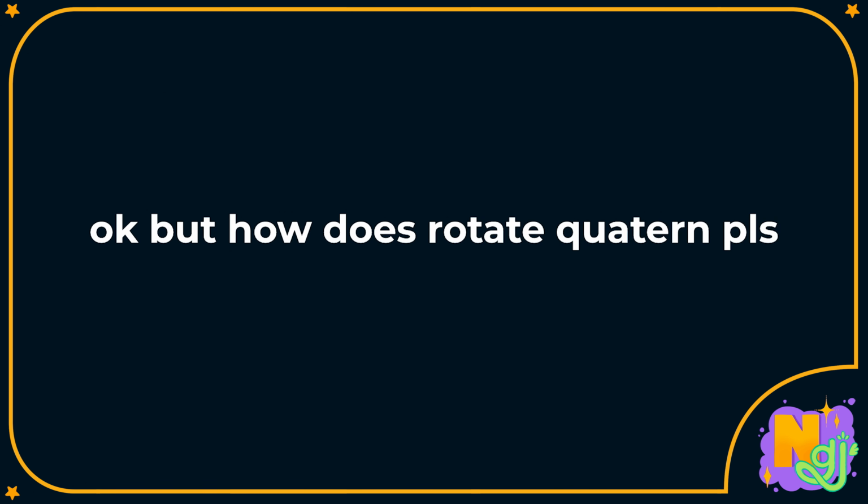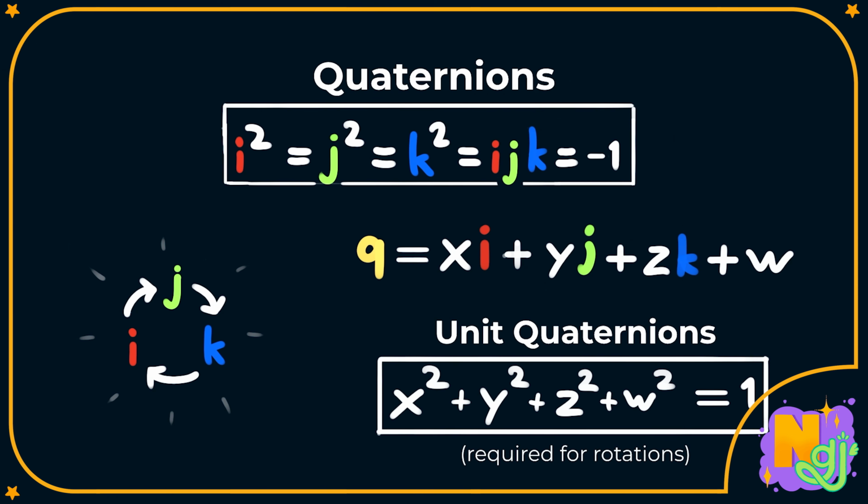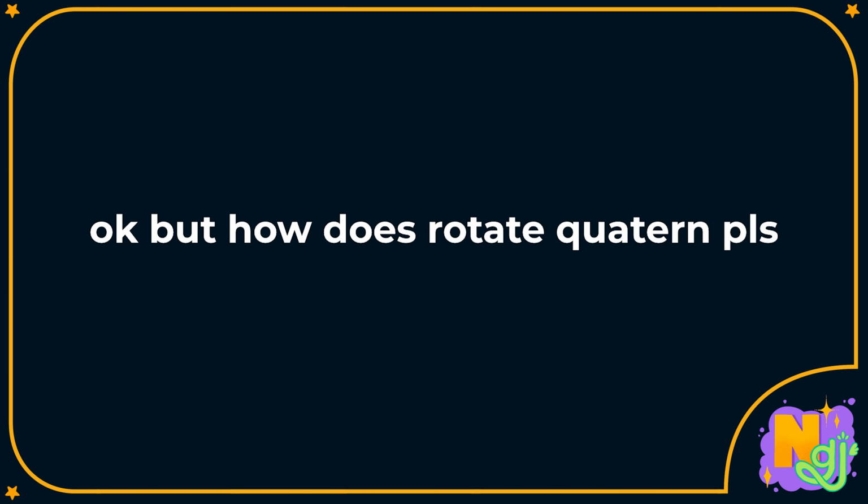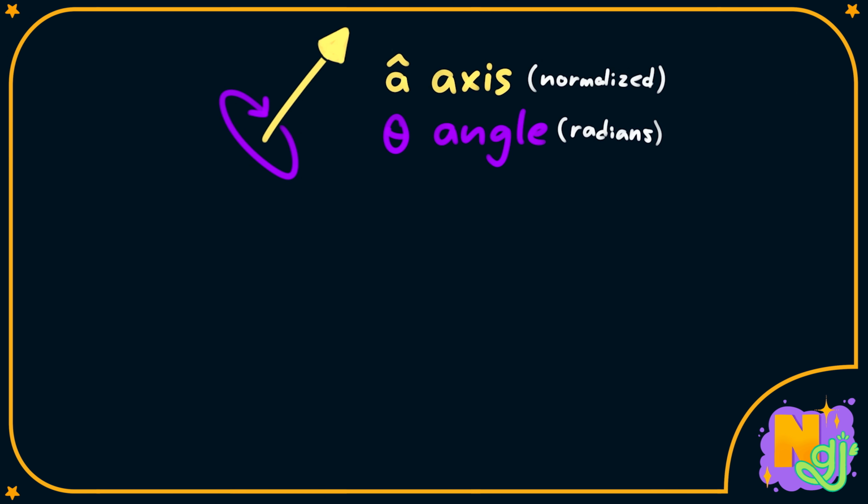OK, so then you might have the question of, how do we rotate this thing then? What the heck does all of this have to do with rotations? I get that it's kind of similar to the other ones, but here's probably the most important slide if you want to try to remember quaternions and how they work. Let's say you have a normalized axis, and you have an angle that you want to rotate around that axis, in radians in particular.